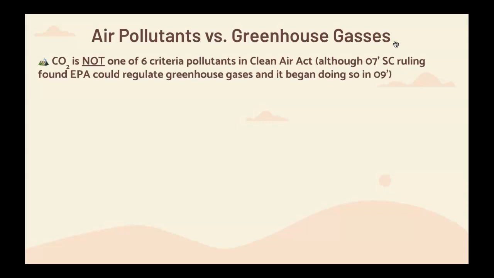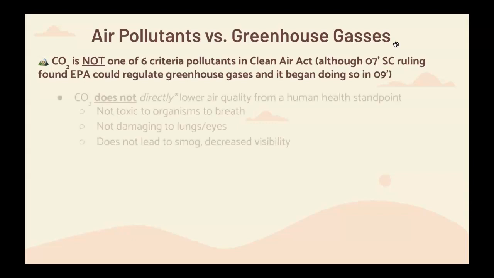It's not directly impacting human health. Although in 2007, the Supreme Court ruled that the EPA could regulate greenhouse gases. And so, because of that, the EPA can regulate carbon dioxide, and they began doing so in 2009.